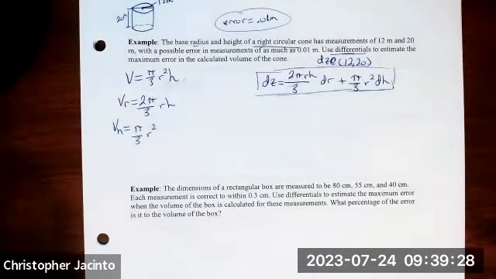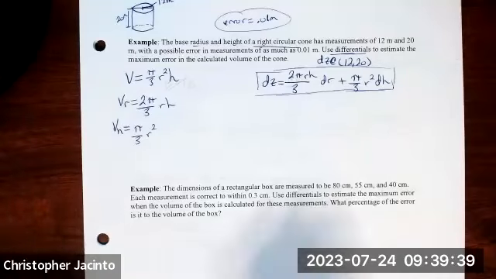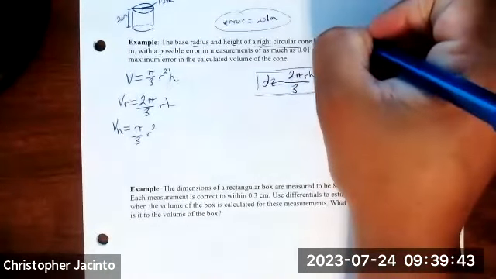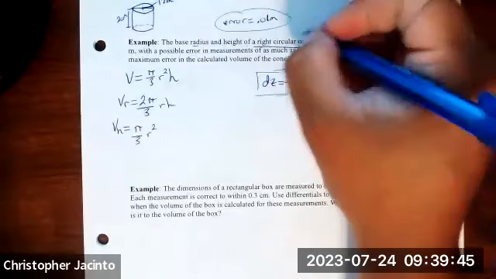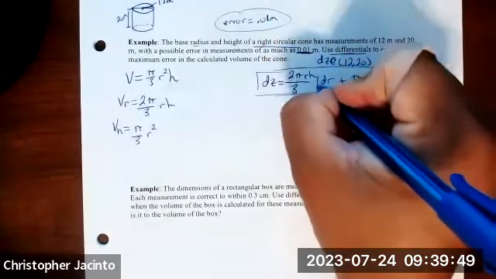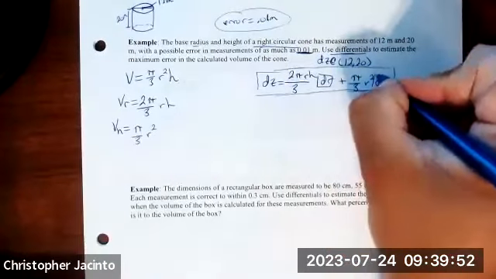So let's see what this error represents. So it says with a possible error in measurements as much as 0.01. Now this error in measurements means is the change, right? Is the change from actual from what the error we got. So this error in measurements, or this change of the measurement, is exactly that right here.